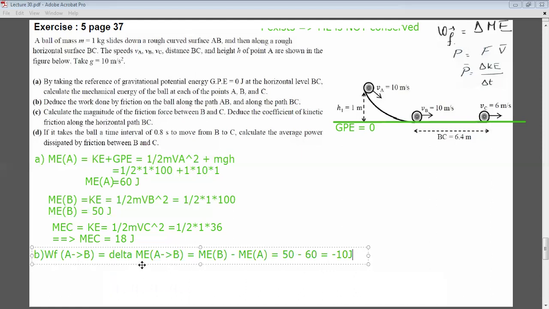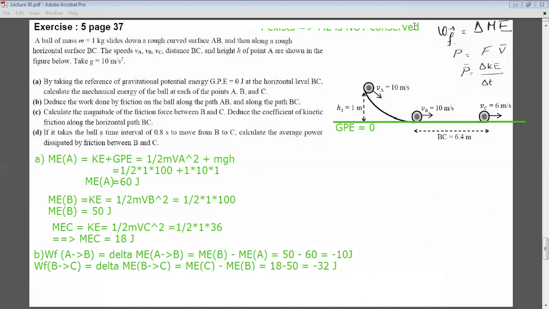Then along the path BC, the work done by friction is again delta mechanical energy from B to C. This is equal to the mechanical energy at C minus the mechanical energy at B. This is 18 minus 50, equal to minus 32.